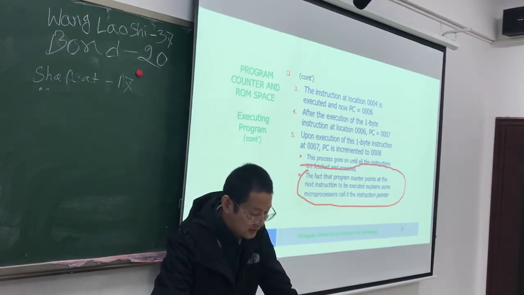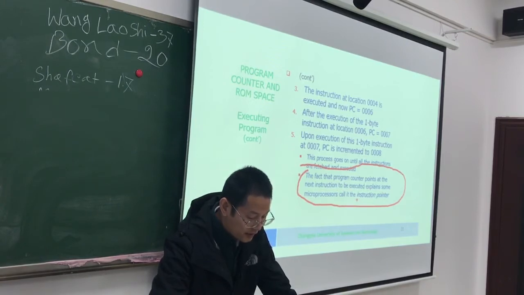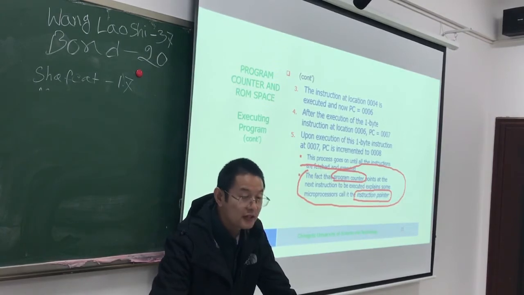The fact that the program counter points at the next instruction to be executed explains why some microprocessors call it the instruction pointer. Instruction pointer and program counter are the same.